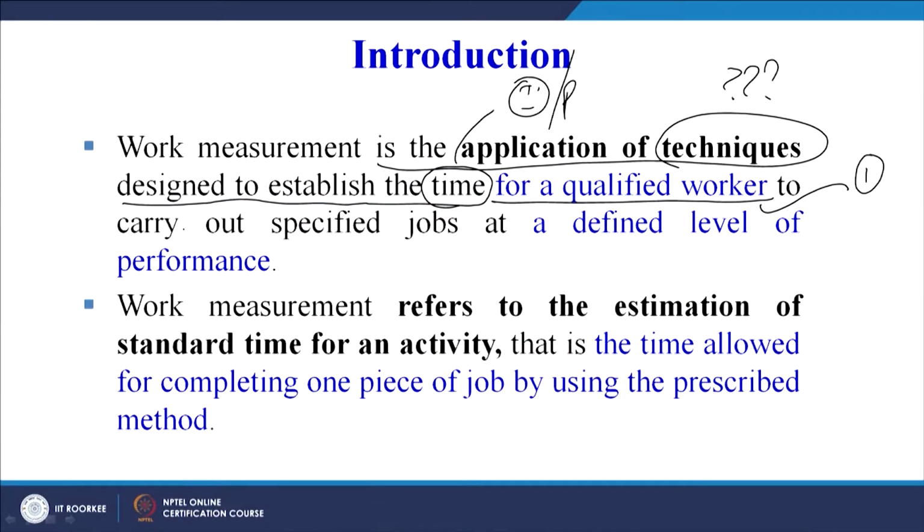He may take much more time as compared to an expert driver. So the first prerequisite is that the time has to be established for a qualified worker, not for an inexperienced person who does not have a relevant degree or relevant skill to perform the task.